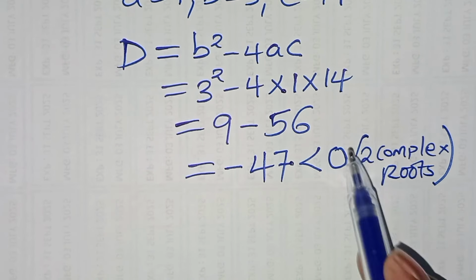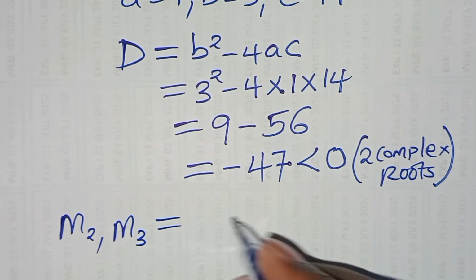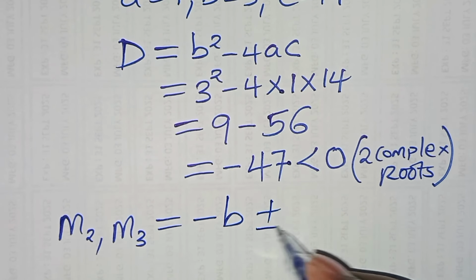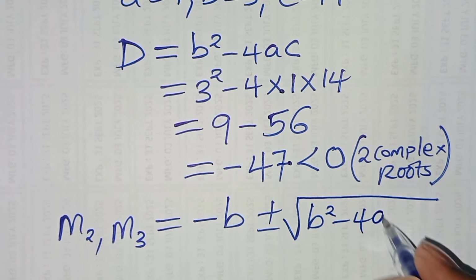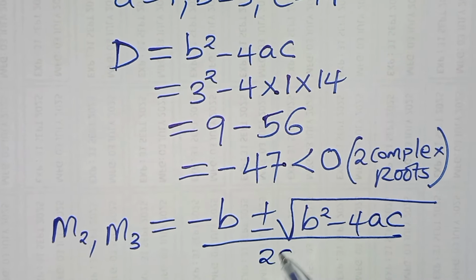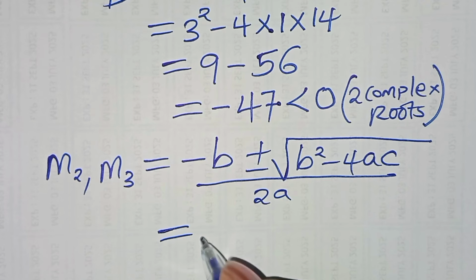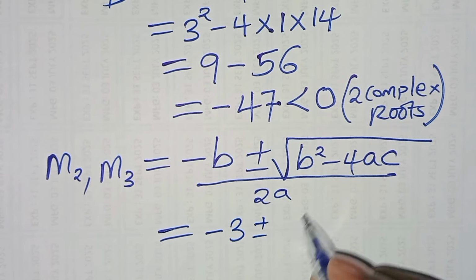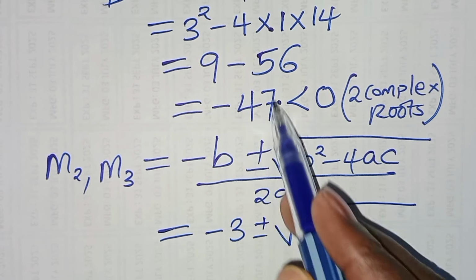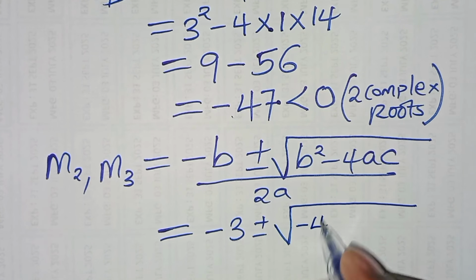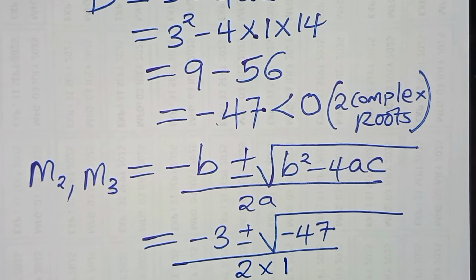And so for these two complex roots, that is m2 and m3, we apply the quadratic formula, which is minus b plus or minus the square root of b squared minus 4ac, divided by 2 times a. Now let's substitute the values of a, b, and c. So here we'll have minus 3 plus or minus the square root of the discriminant value here, which is minus 47, divided by 2 times 1.